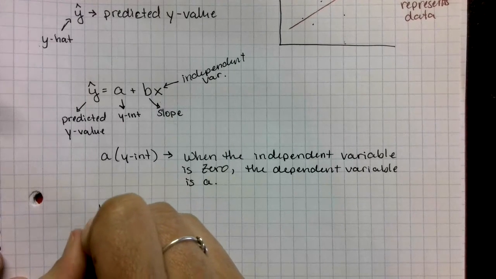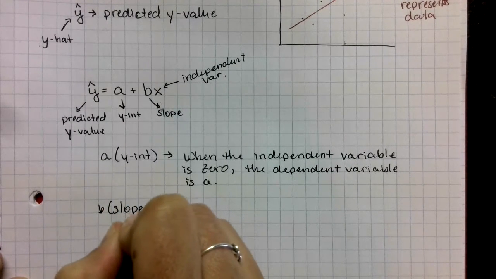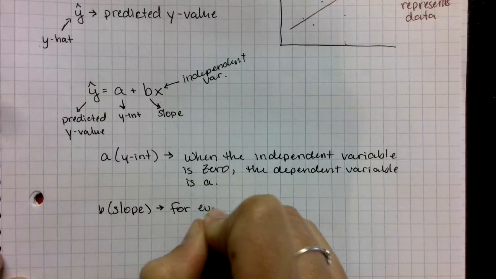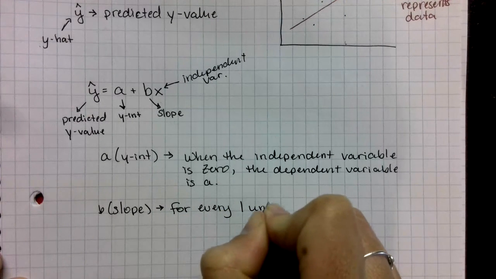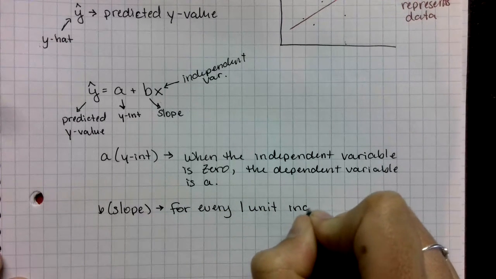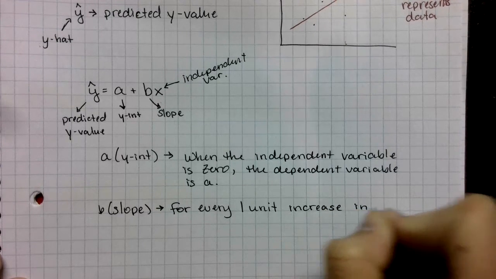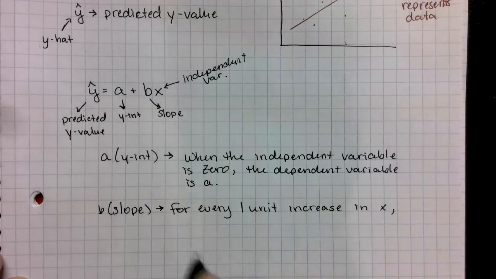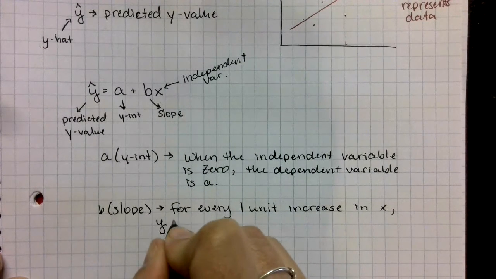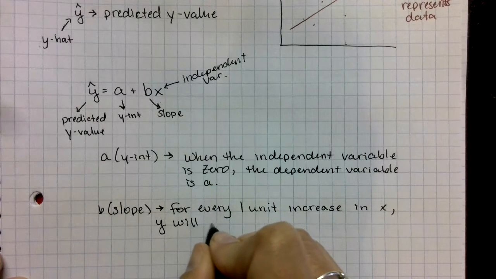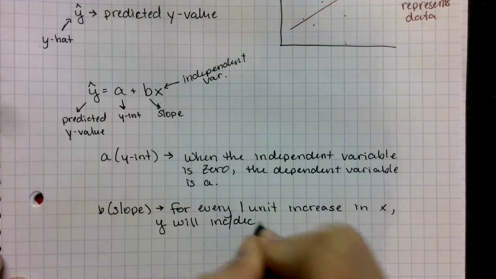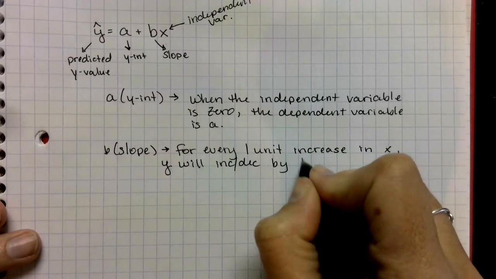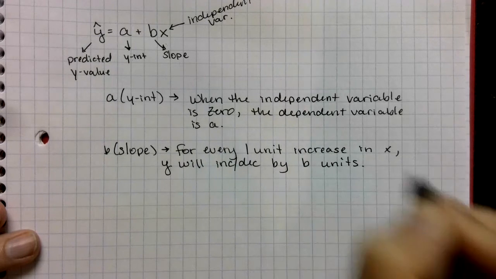Then we have our b value, which is going to be our slope. The way that we interpret this is: for every 1 unit increase in x, y will increase or decrease, depending on if your slope is positive or negative, by b units.